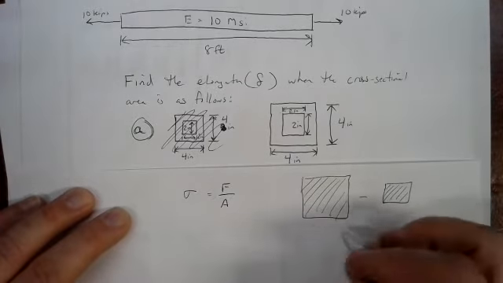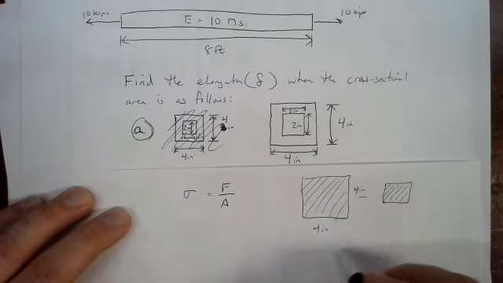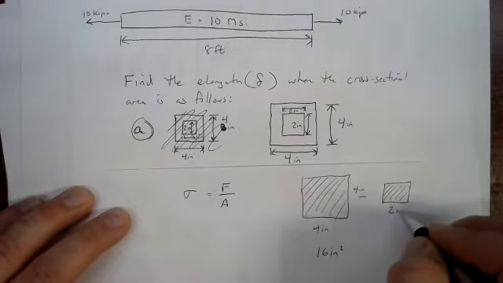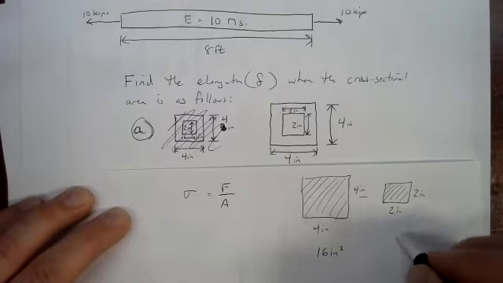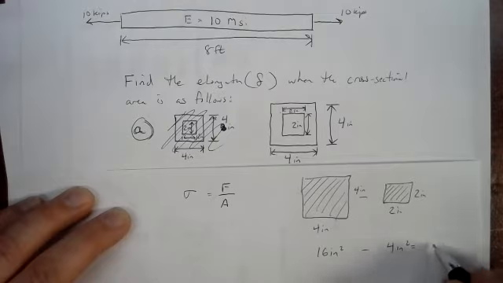So that big section here is 4 inches by 4 inches, so it's got an area of 16 square inches. The missing piece in the middle is 2 inches by 2 inches, so that's 4 square inches. We're going to subtract those, so we have overall 12 square inches to work with.